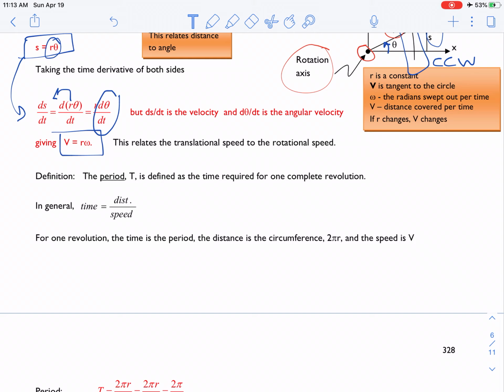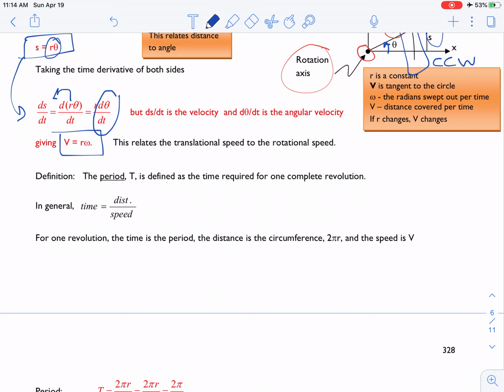That's why we call those relations between angular and linear motions. Okay, and for the definition, we're going to look into the period this time. The period is defined as the time required for one complete revolution. And we've done this in chapter 6, when we talked about centripetal force, so uniform circular motion, right?